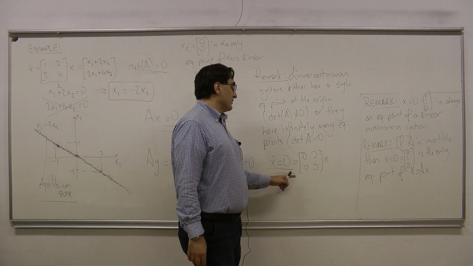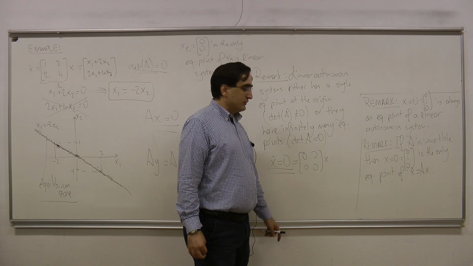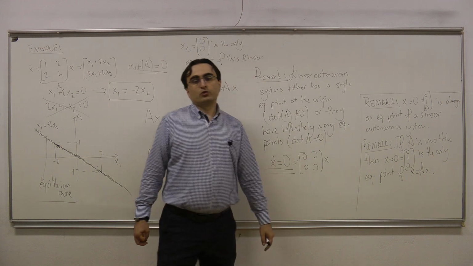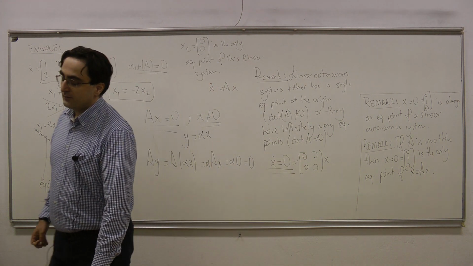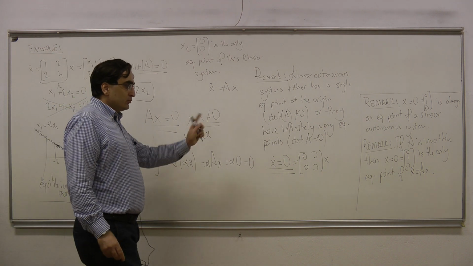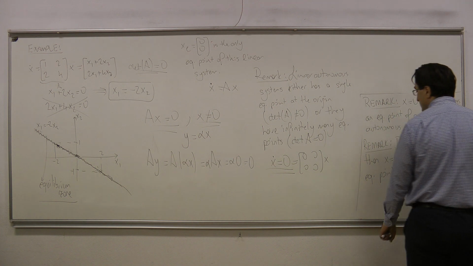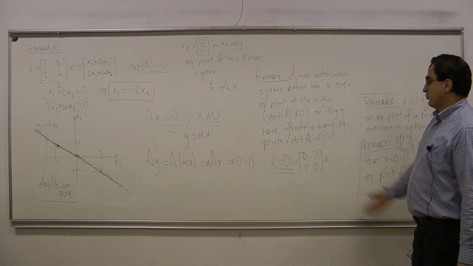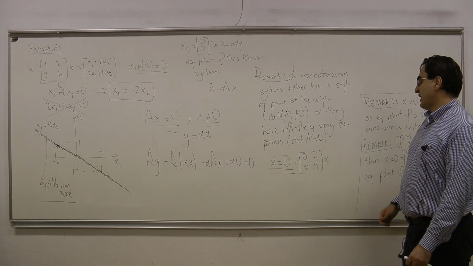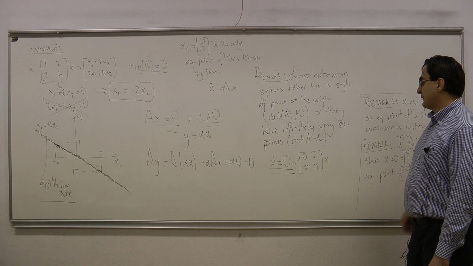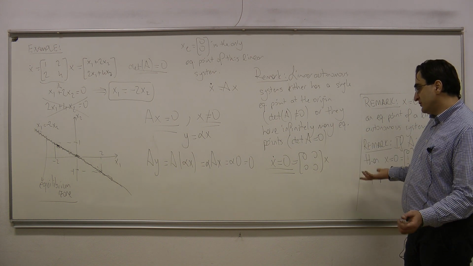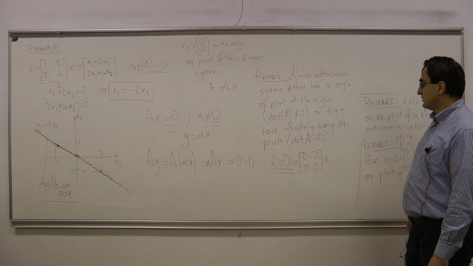And 0 is nothing but the 0 matrix times x. So this is also a linear autonomous system. And where do you think the equilibrium points of such a system would be? Look at the determinant. Obviously, the determinant of A is equal to 0. So this matrix is not invertible. The 0 matrix cannot be invertible.